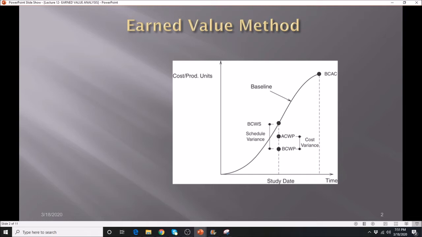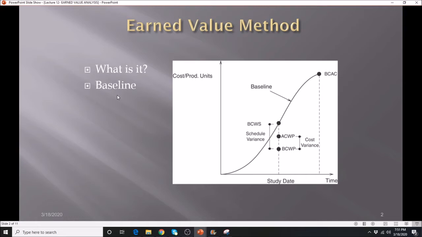In this diagram, we have the cost, production unit, and we have the time. We have the S curve that we learned from the previous videos. Here we will be plotting different values, which we call the ACWP, BCWP, BCWS, and some other terms. That's what we have on the next slide.